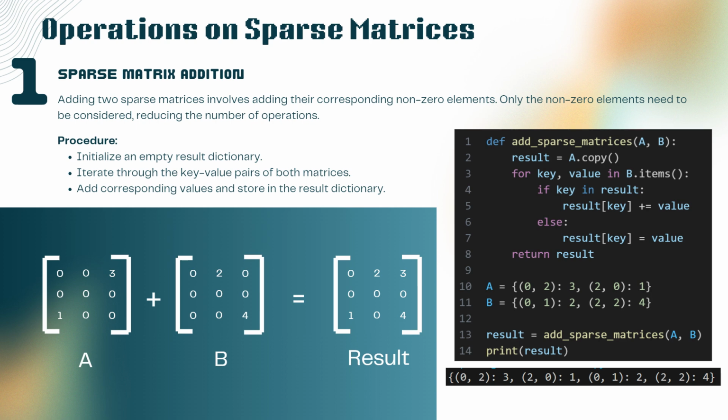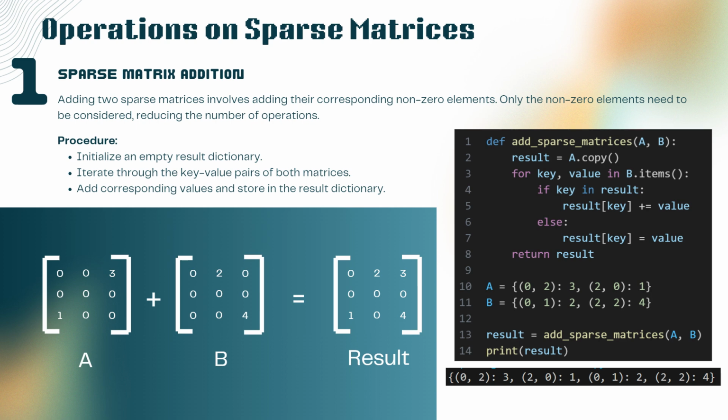On the right side of the screen, you can see the Python implementation of addition of sparse matrices. First, we have defined a function for adding two sparse matrices. The inputs are matrix A and matrix B. First, we take a variable result and matrix A is copied into it.